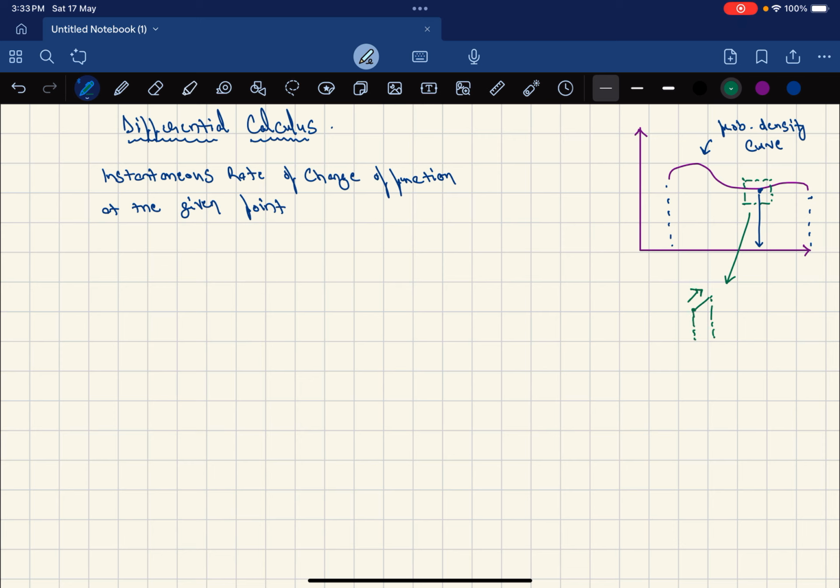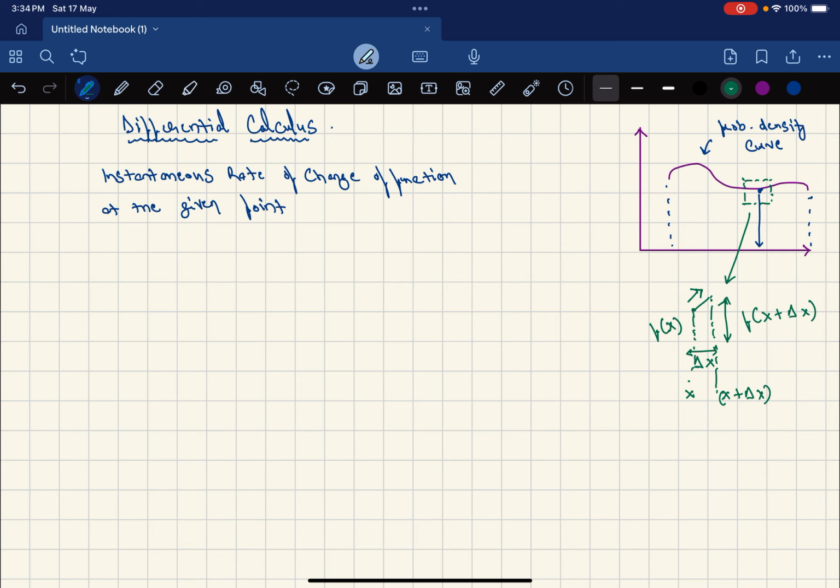Since this is a very small part, let this small part be given as delta x, and this x value is x, and therefore this value would be x plus delta x. Now we already know the function, so the value of the function at x plus delta x is f of x plus delta x, and this would be f of x.